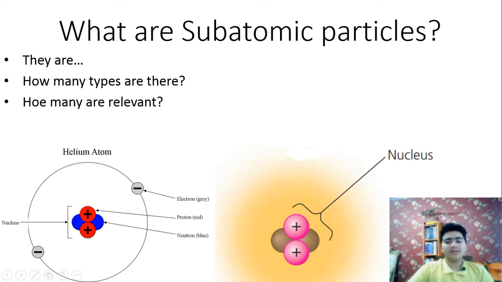So which one is correct? The right one is correct, because the electrons are moving very fast, and scientists can't even predict where these electrons are going to go next. They aren't moving in a line, they are in some kind of a cloud shape.